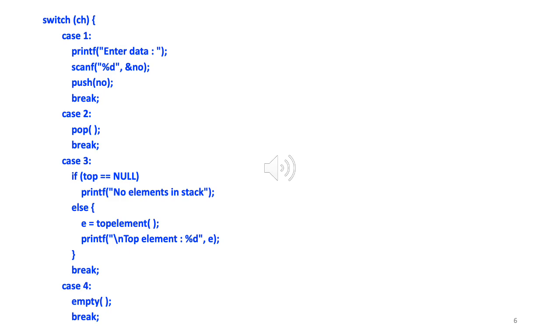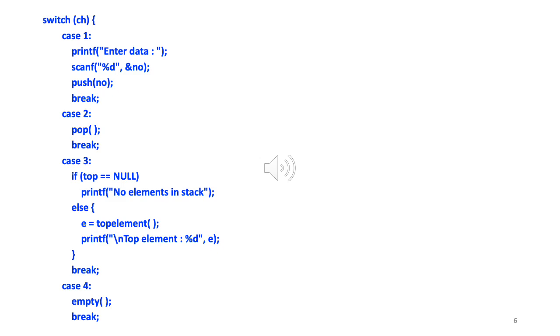Okay. Case 4. So 4 is for calling empty, right? So what this will do is check whether the stack is empty or not. It's very simple. It will check the value of top. If top is null, it will print stack is empty. If top is not null, which means it has at least one element in it, it will print stack not empty.